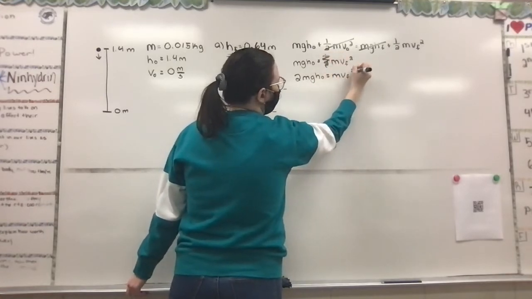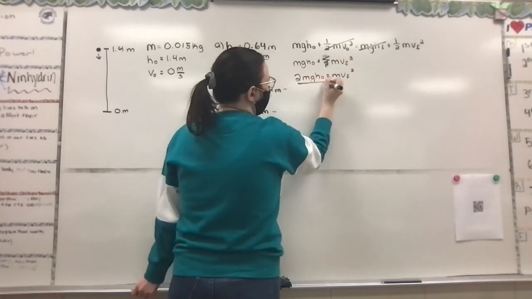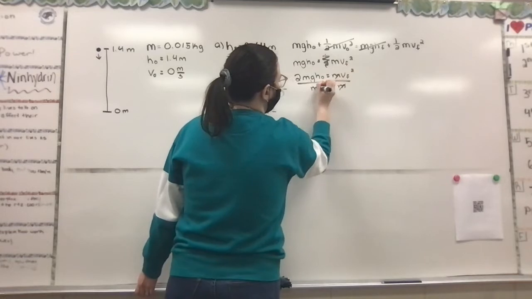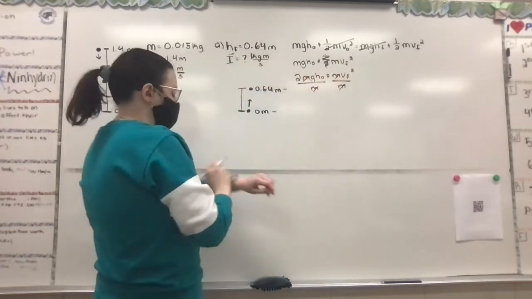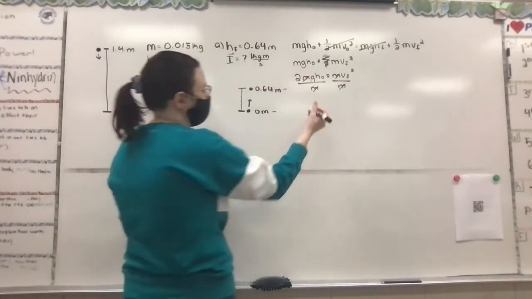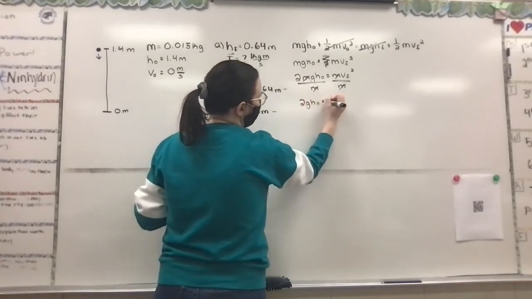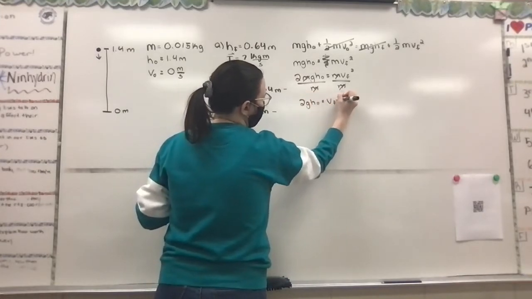And then we're going to want to divide by m, which is going to cancel our m's across the board. We'll be left with 2gh naught equals v final squared.